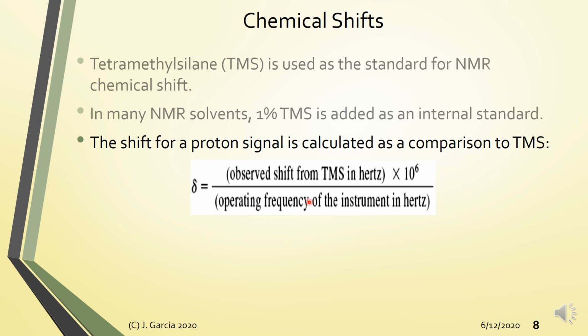If you've seen an NMR spectrometer, it's usually rated in terms of its megahertz, for example, your 200 megahertz or 400 megahertz. So the higher the operating frequency of your NMR spectrometer, the more expensive, because it will offer you much better resolution.